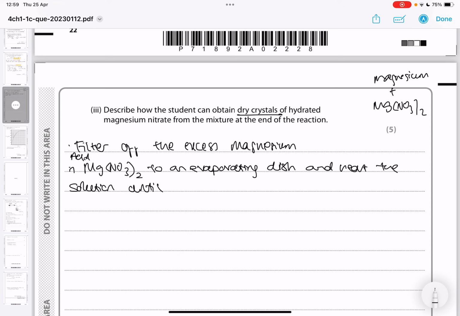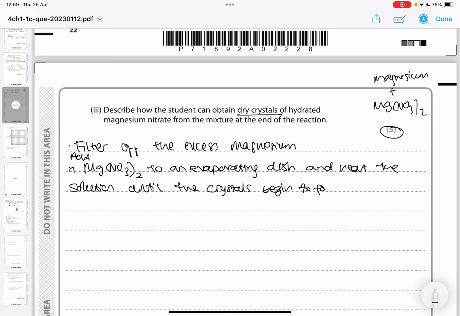This is a very common question too, so it's good to learn the method. It's often worth like 5 marks. It's often the same every time. So you just add the solution to an evaporating dish, you heat the solution until the crystals begin to form.